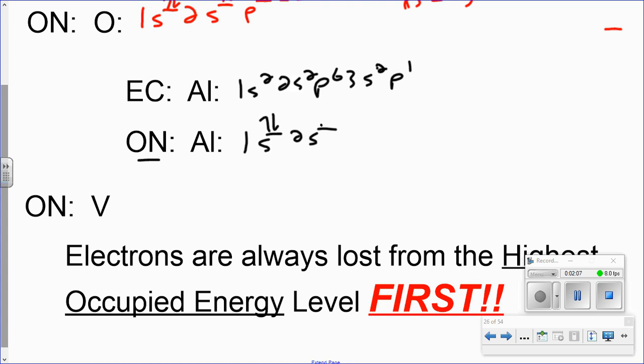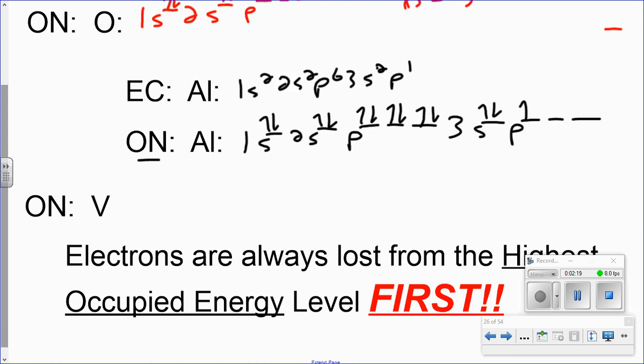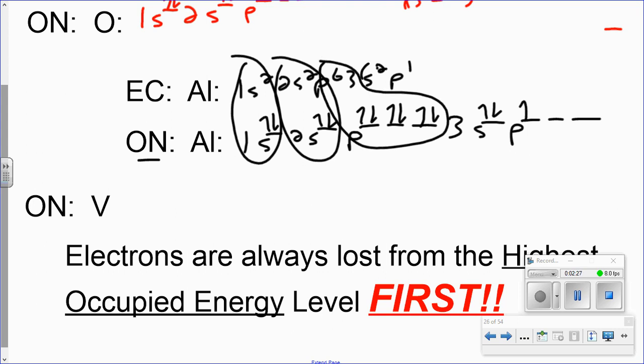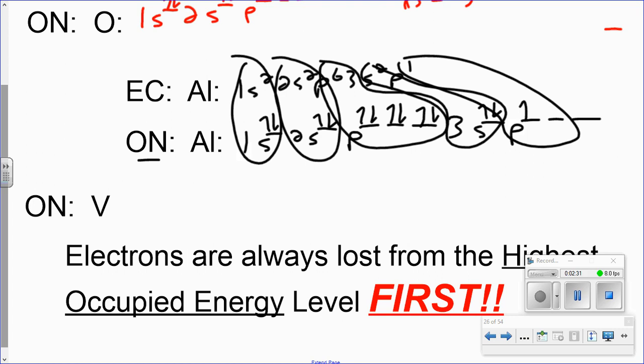Again, pause the video whenever you need to. Draw them all. You have to draw all the lines, don't leave just blanks. p1, done. Notice this is 1s2, this is 2s2, this is 2p6, this is 3s2, this is 3p1. That's a little sloppy, but you see it.